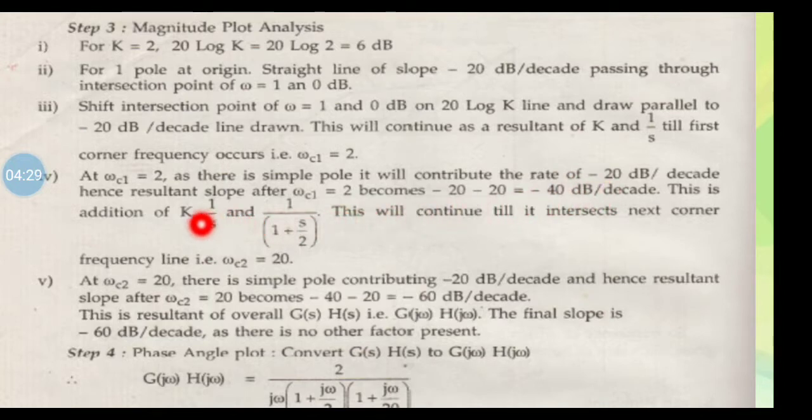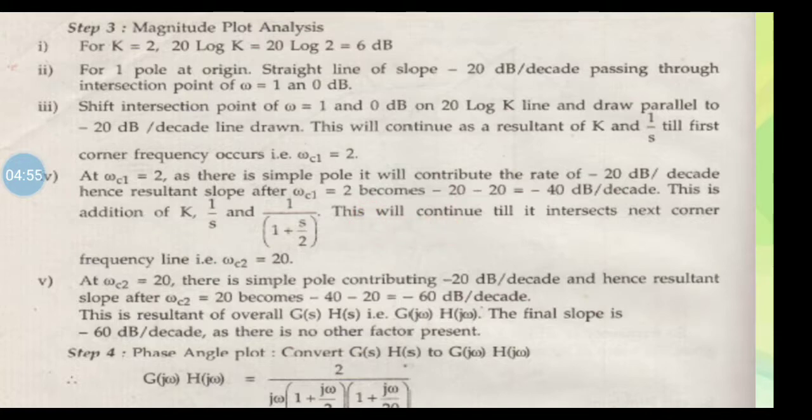This is the addition of K, 1 by s and 1 divided by 1 + s/2. We draw a minus 40 dB per decade parallel line.